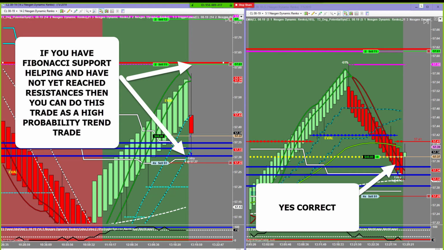But we don't ever shy away from losers. We want people to understand why you should or shouldn't take a trade, and why you lost and why you shouldn't lose. So again, this is a transition look in our trigger lines, and this is where a bunch of Fibonacci support helps the position to go long.